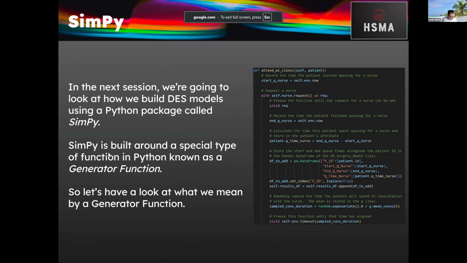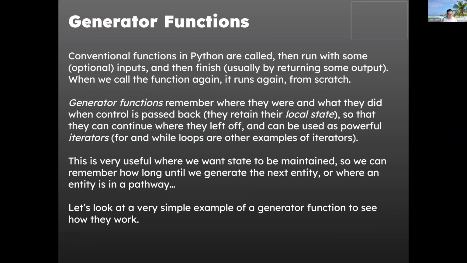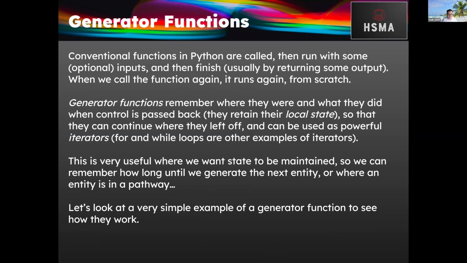So it's good to understand how these things work, because they're a little bit odd compared to the kind of functions that you've been used to. As I said, SimPy is built around these concepts in Python known as generator functions. It's a really neat feature that allows you to have this special kind of function that works a bit differently to the kind of functions that you've been used to seeing so far.